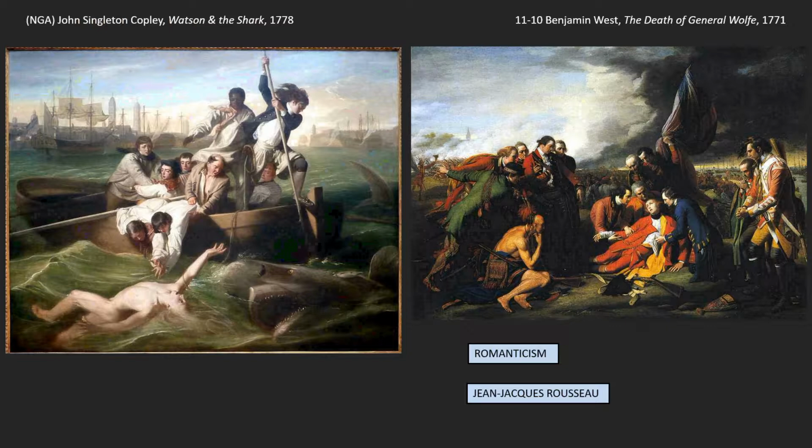But one of Rousseau's most famous quotes, one that inspires not only the American Revolution but the French Revolution, is that man is born free, but everywhere he is in chains. Man longs to be free, but he's everywhere in chains.